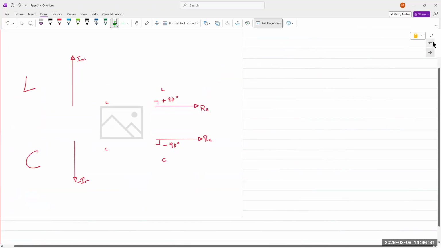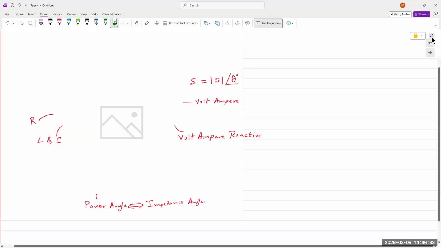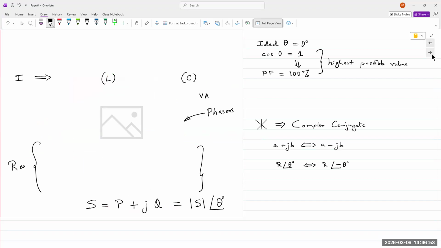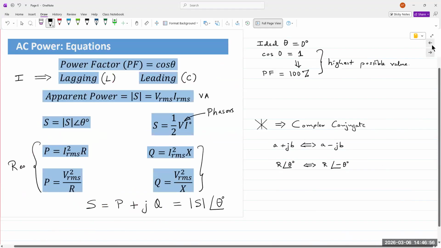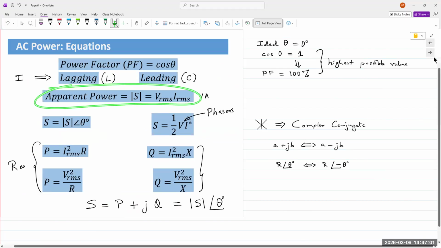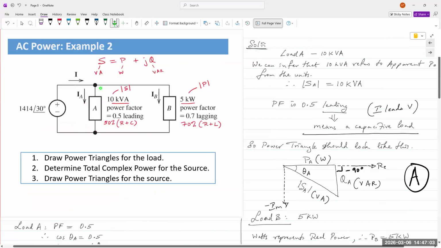It comes from these equations right here. Remember, VRMS, IRMS is magnitude of S, which is apparent power, which is given to us in this problem as 10,000.